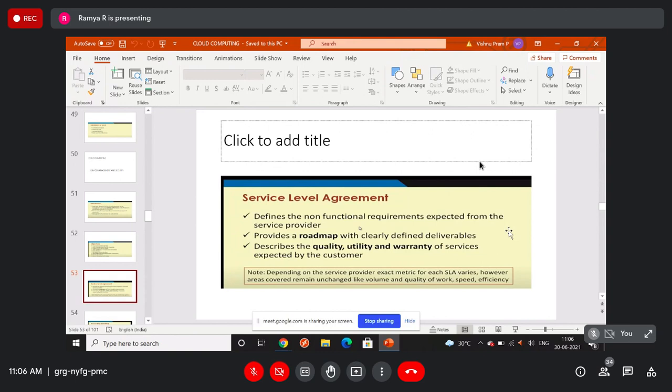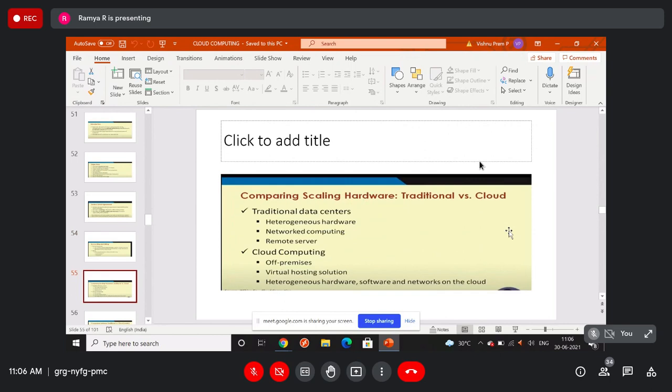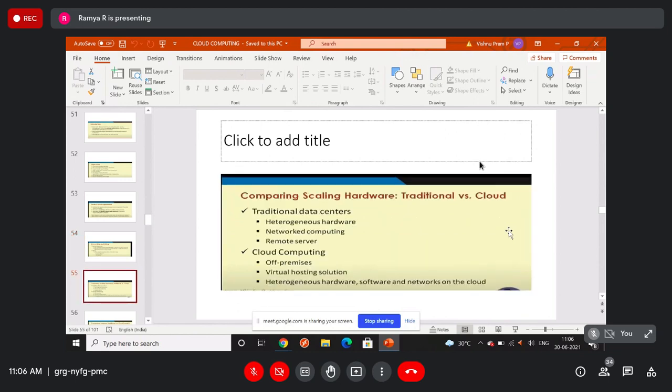So we can understand what things can be mentioned in the service level agreement. And next, accounting and billing. Service accounting and billing all come under this. It aims to obtain resource usage information and billing, like how much we used, for that is going to be charged.